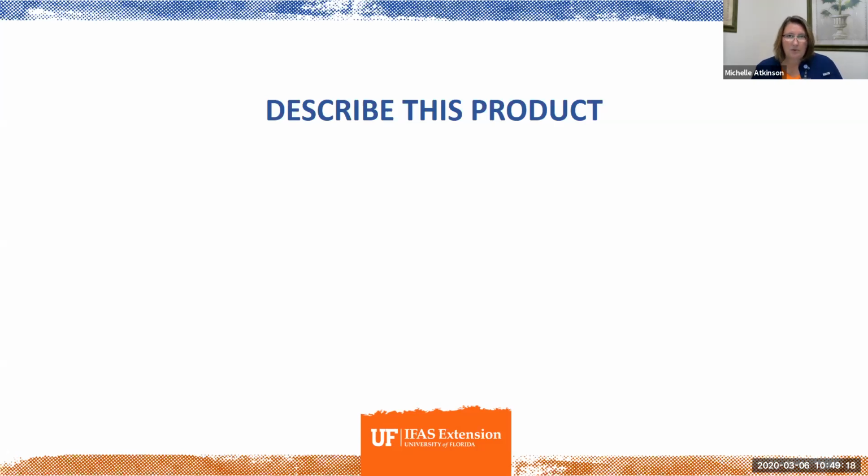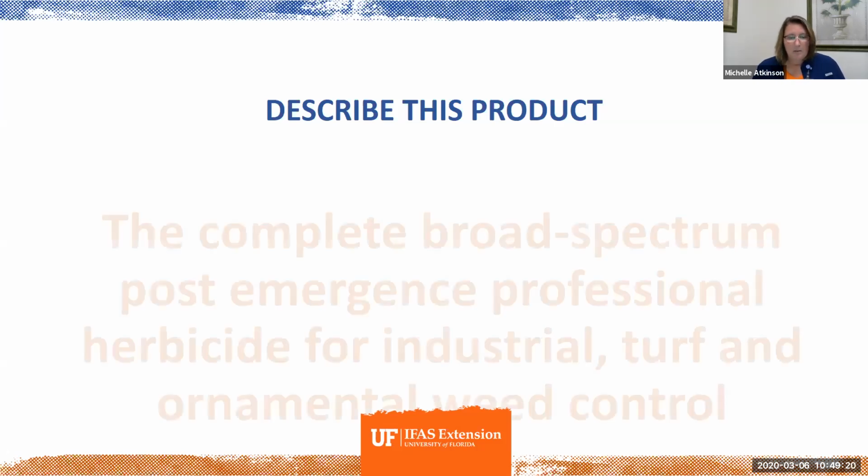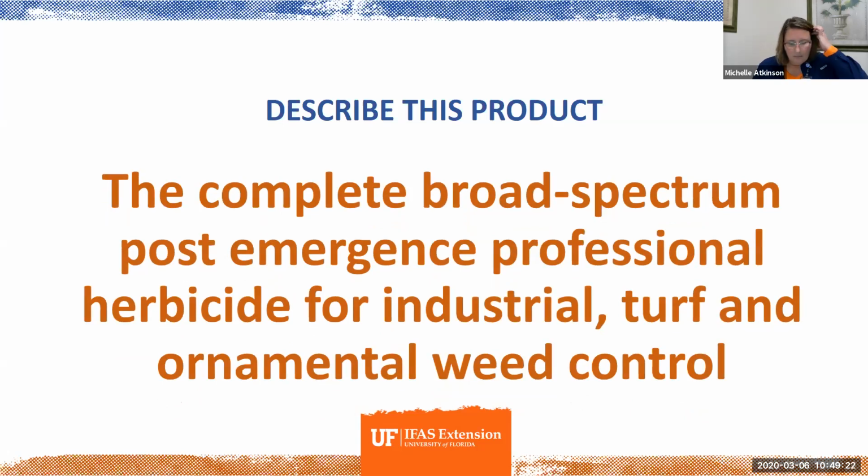So in several places you can find out information about this product. But when we look right up at the top under the pesto title, it tells us the complete broad spectrum post-emergent professional herbicide for industrial, turf, and ornamental weed control.